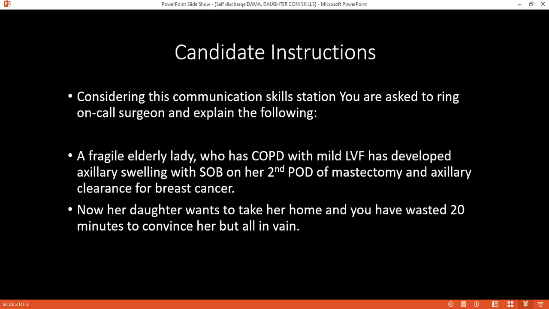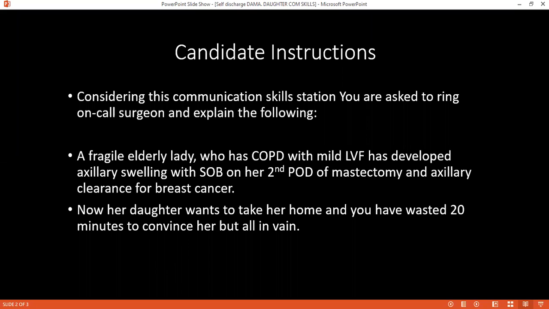So if there is a pulmonary embolism, then what will you give to the patient? Okay. If pulmonary embolism is diagnosed on CT pulmonary angiogram, then I will contact the cardiologist and internal medicine and give treatment according to the protocol.